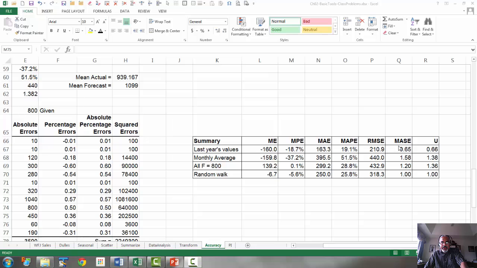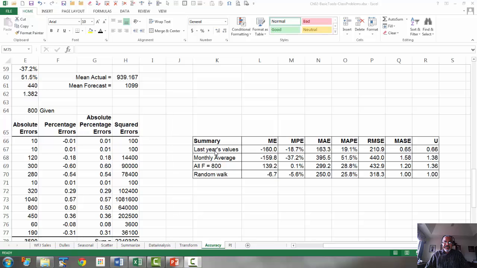And if you look at MASE and U, remember here anything that is greater than 1 means it's doing worse than the naive method or random walk. Random walk would be preferable. So random walk is 1. Anything more than 1 would be worse than random walk. Anything less than 1 would be better than random walk.